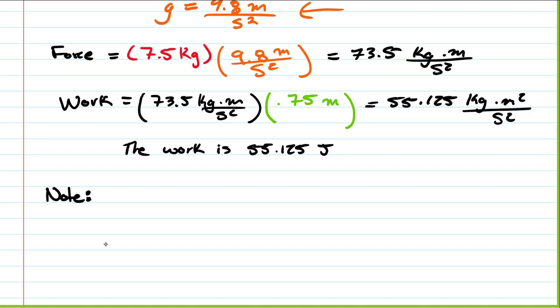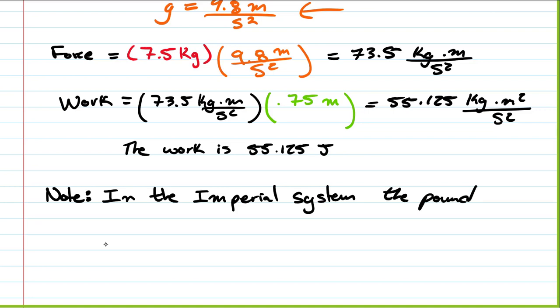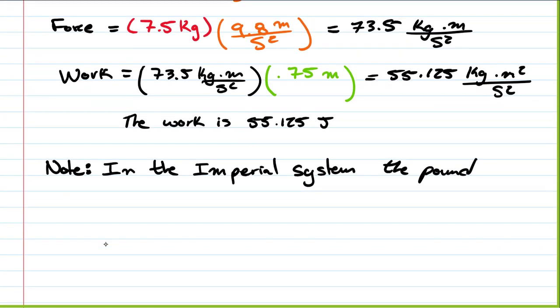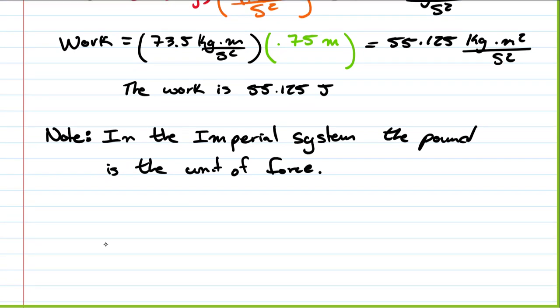In the imperial system, the pound is the unit of force. We don't need to know this, it's just a fun bonus fact. But in the imperial system, mass is measured in slugs.